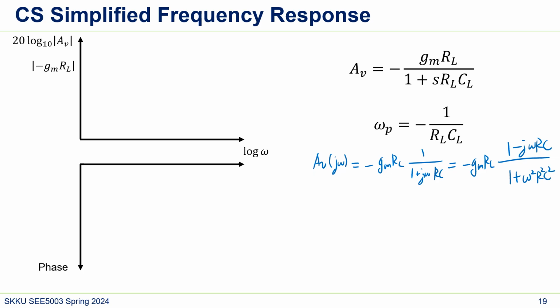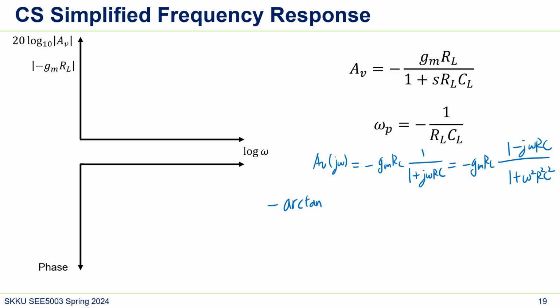What we did is we just multiplied the numerator and denominator by the conjugate. So the way we draw the phase is actually arc tangent. Arc tangent is the inverse of tangent.